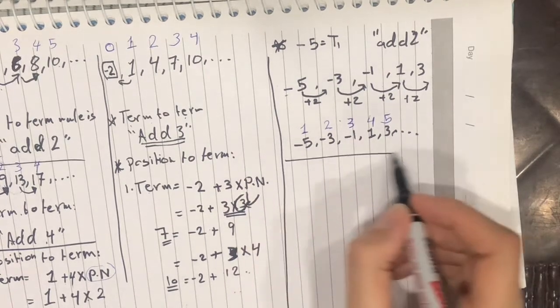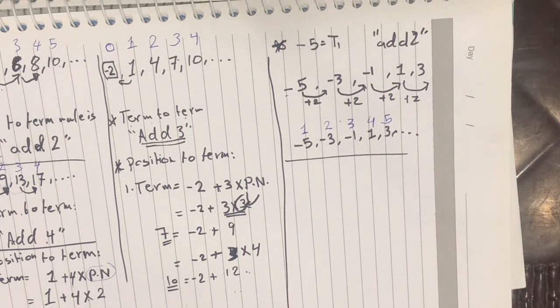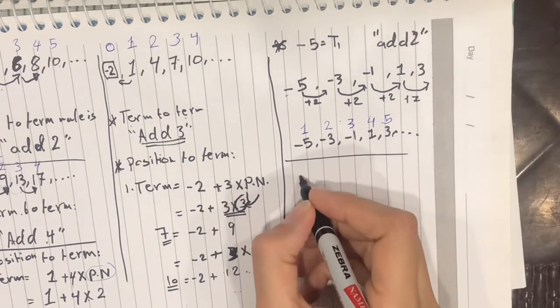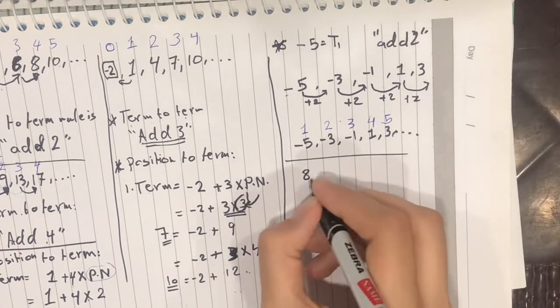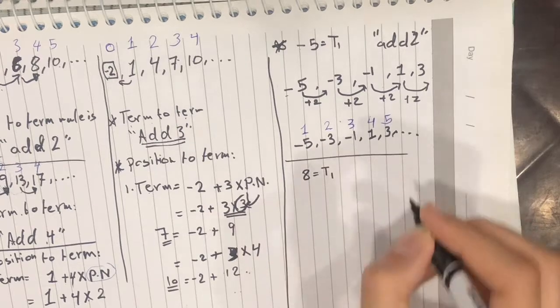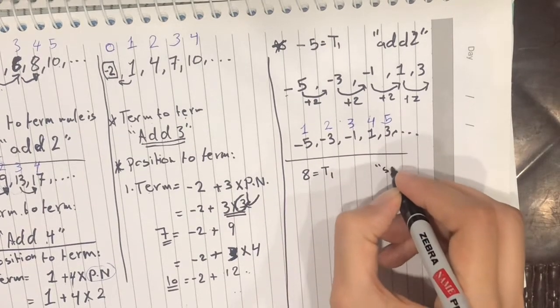Let's take another question. I need you to find the first 5 terms of a sequence, and the first term is 8. And the rule is saying subtract 4.